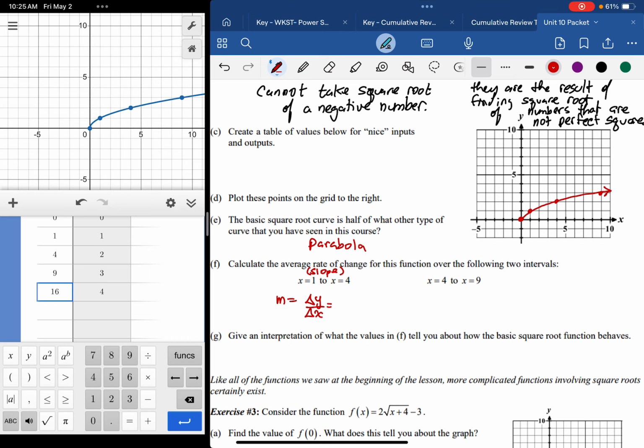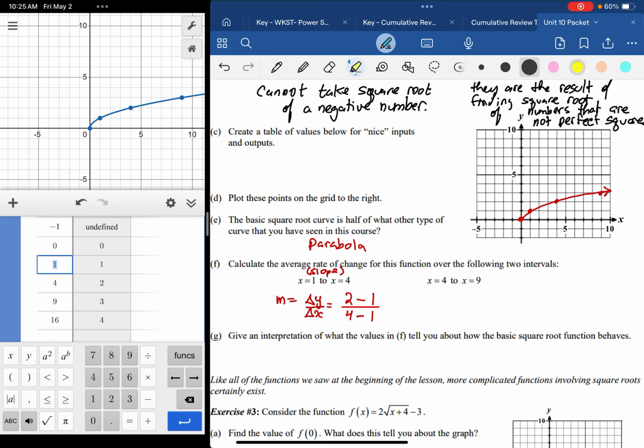So for my change in y over change in x, I want to get the y value that corresponds with the 4 and the y value that corresponds with a 1. Looking at my table here, I have an x value of 1, which has a y value of 1. I have an x value of 4, which corresponds with a y value of 2.